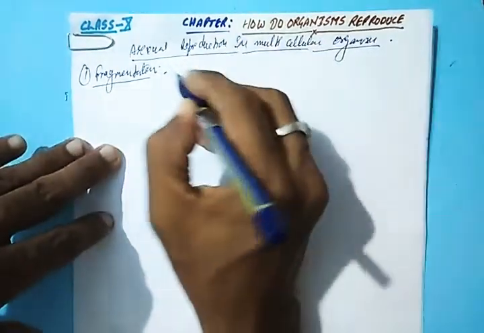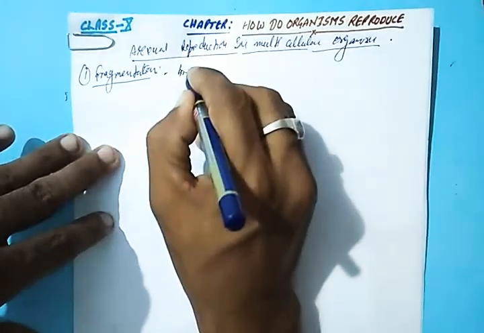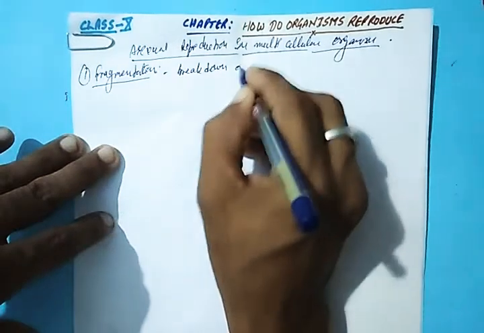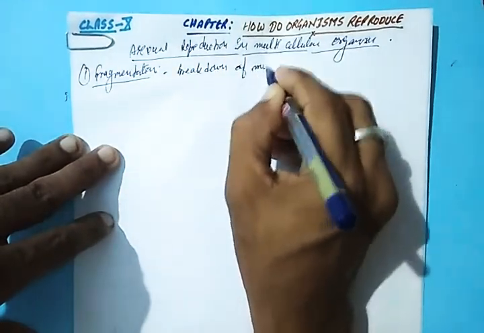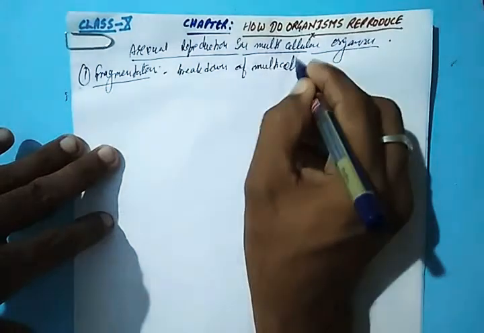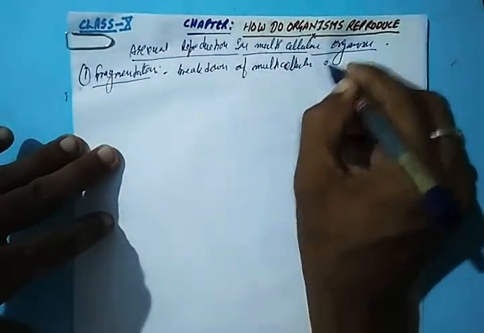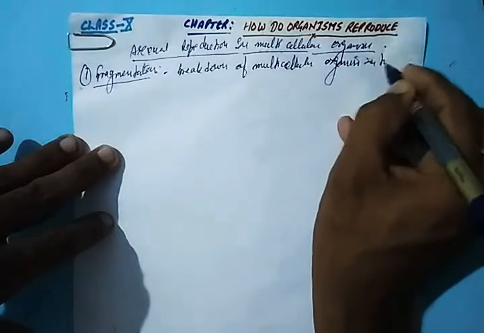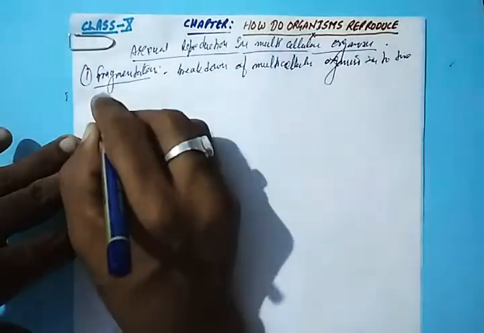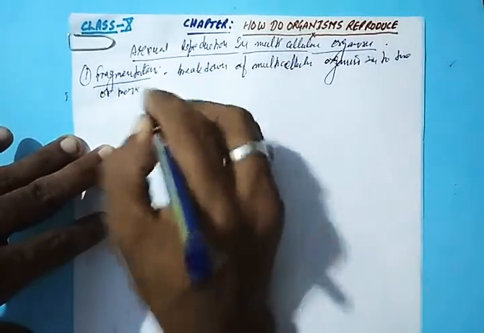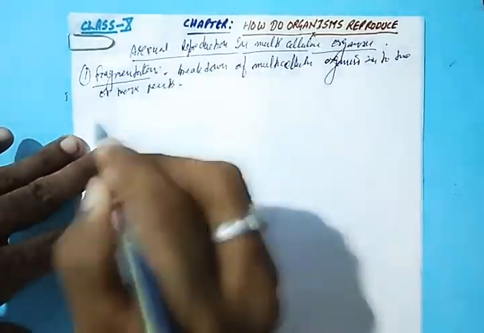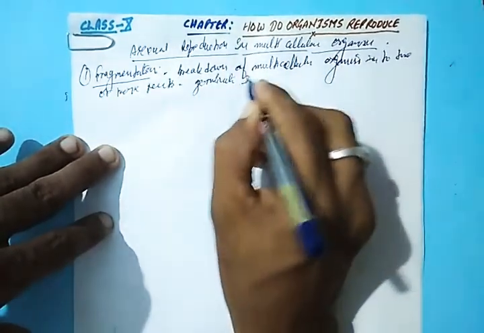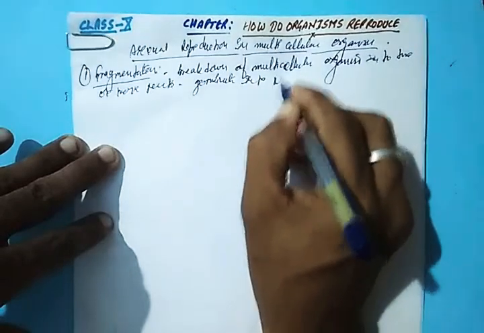So basically it is the process of breakdown of multicellular organism into two or more parts which germinate into new organism.